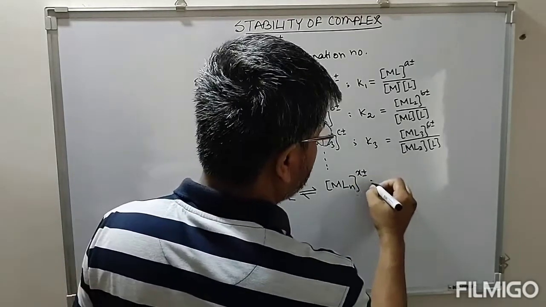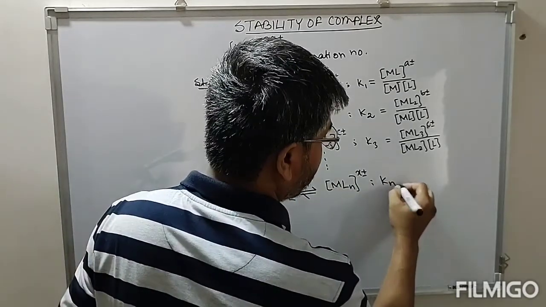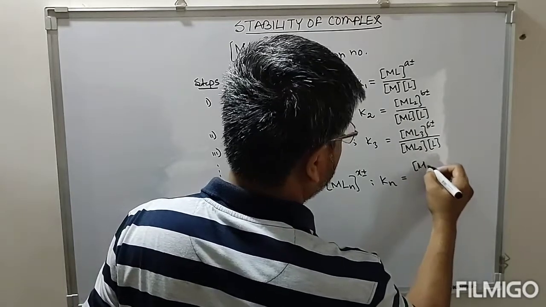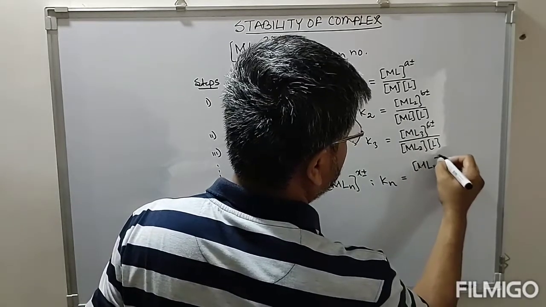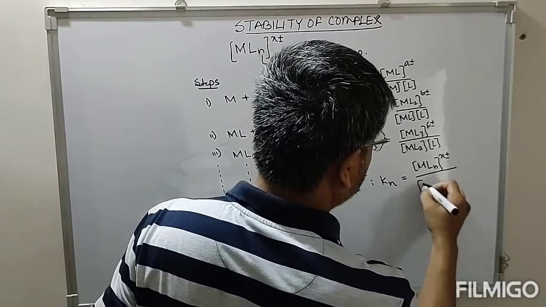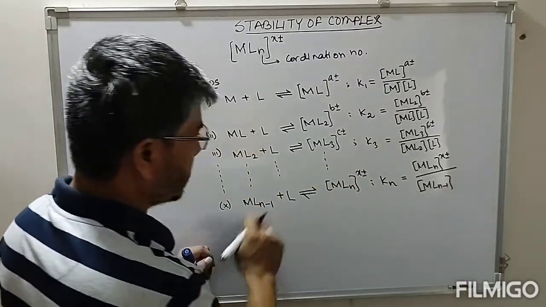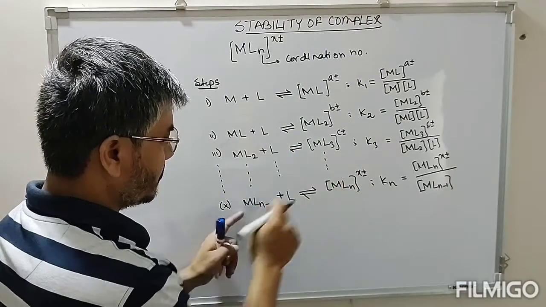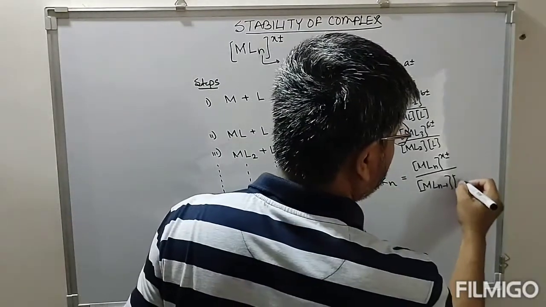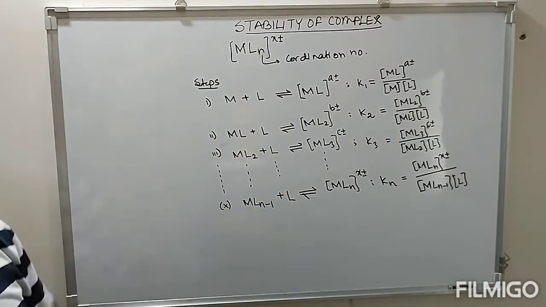So let this be the nth step with Kn. Then we have MLn X plus minus divided by MLn minus 1, because in the last step before this, it should have been MLn minus 1. Now this is the individual stepwise formation constant.